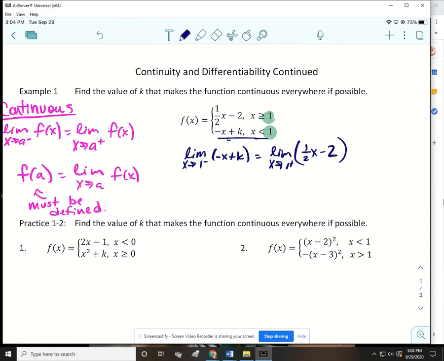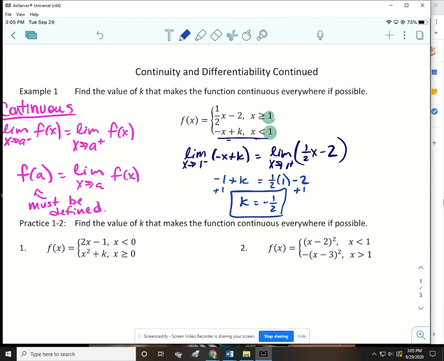All right, and so what we'll do is just go ahead and plug 1 into both of those x's. So I'm going to go ahead and add the 1. So k is going to be equal to 1/2 minus 2 plus 1. So 1/2 minus 1 is going to be negative 1/2. So as long as k is negative 1/2, those two pieces are going to touch each other.